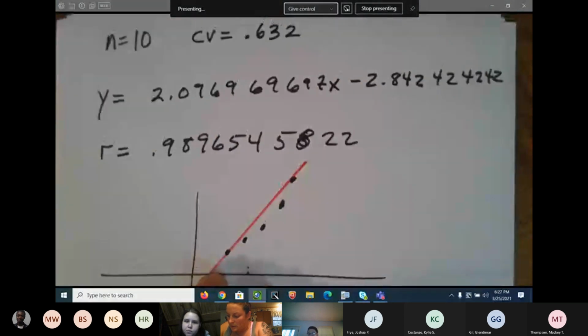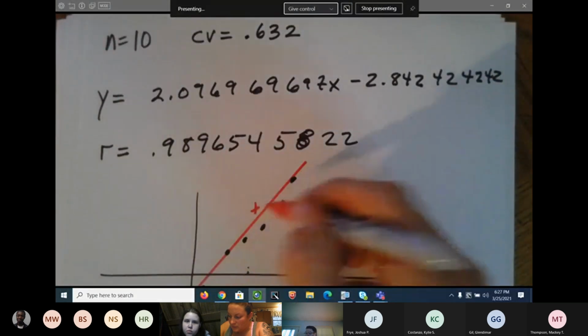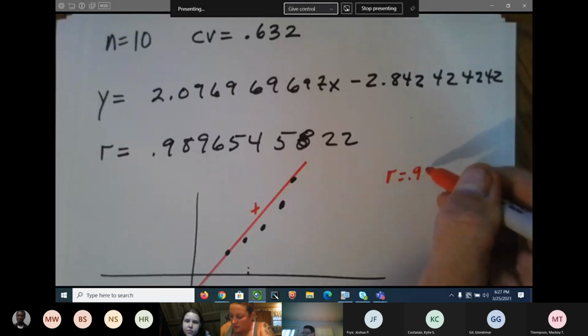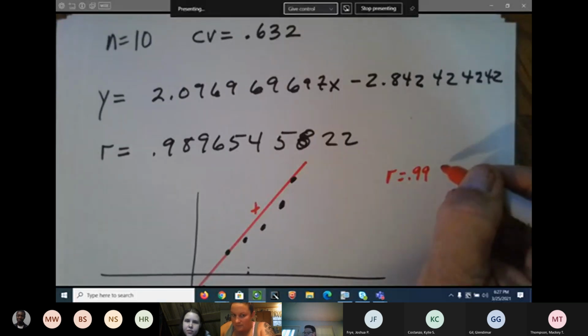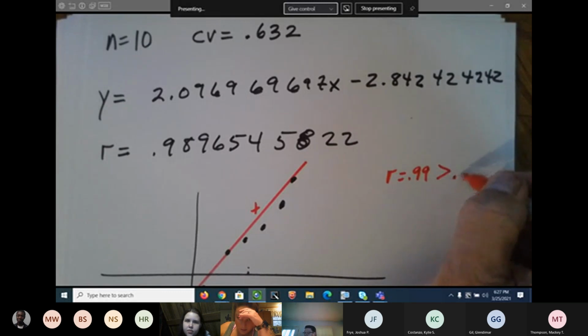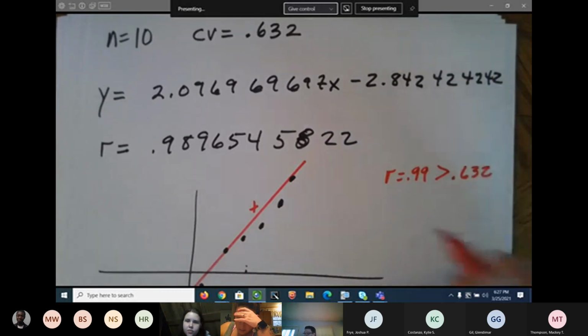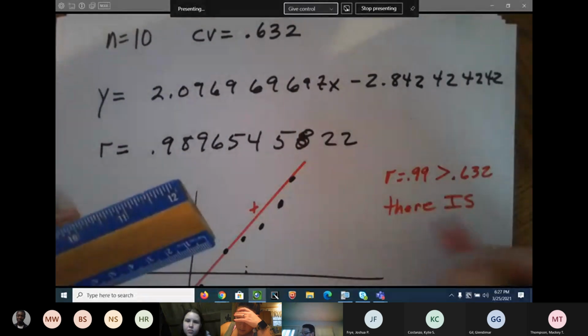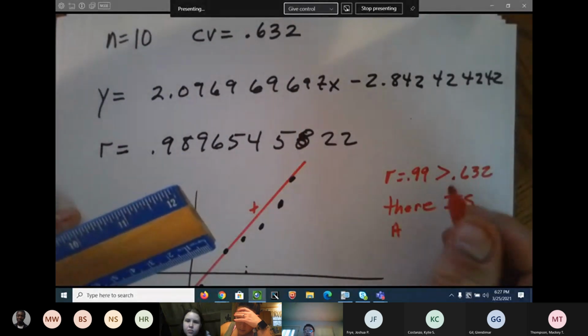Also, do we have a positive slope? So what is our r? Our r is 0.99, and that is way greater than 0.632. So it's not called correlation.